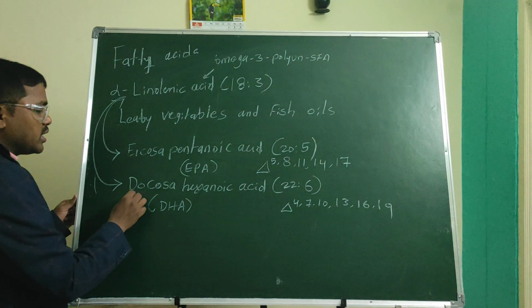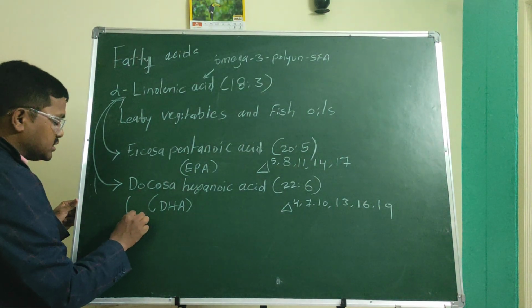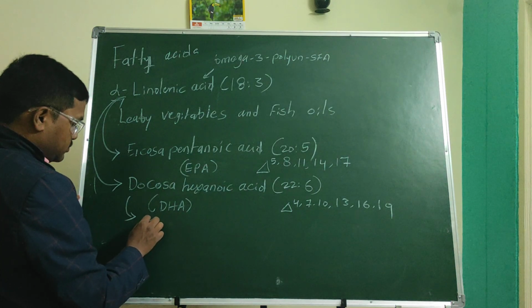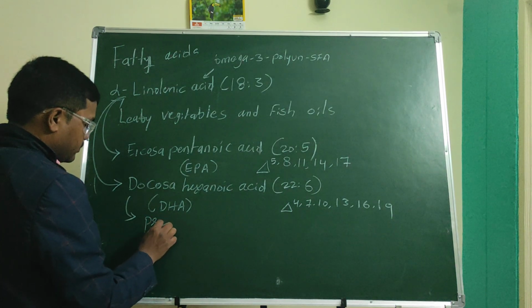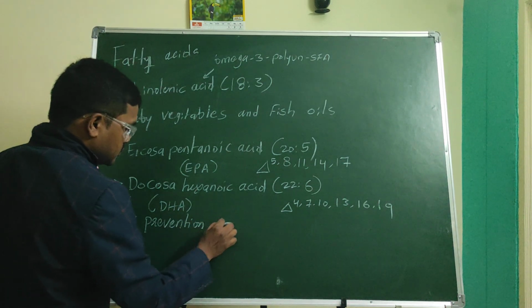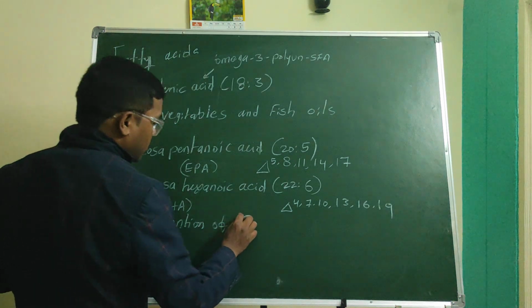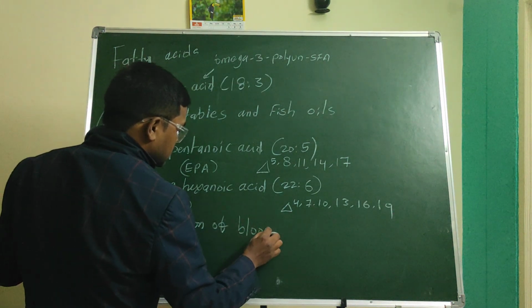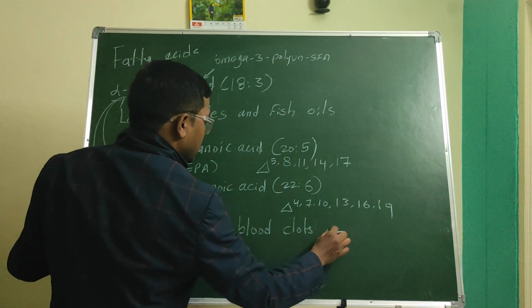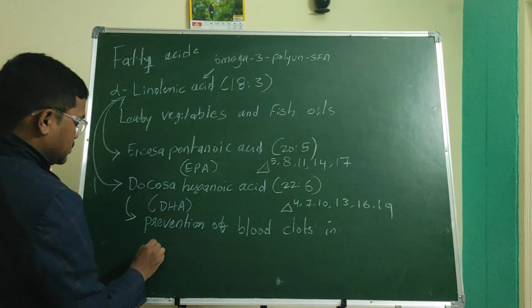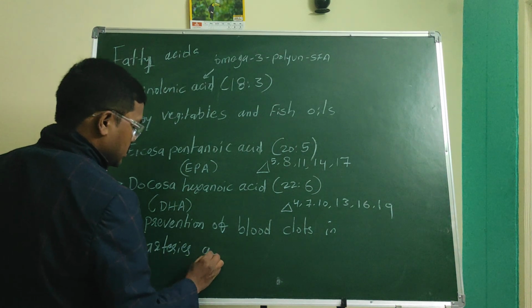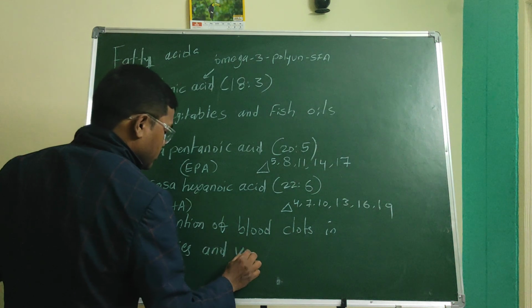This docosahexaenoic acid is used for prevention of blood clots in arteries and veins.